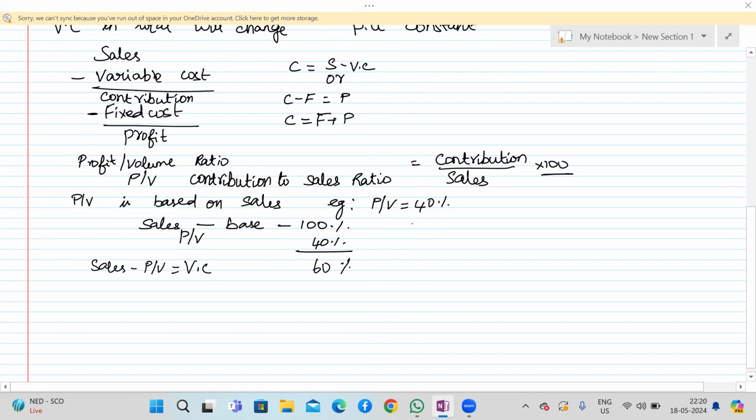So say for example, my sales is 50,000. My PV is 40%. So my variable cost is 50,000 into 60%, so I will be getting 30,000 as my variable cost. This variable cost 60% is also said to be the variable cost ratio.